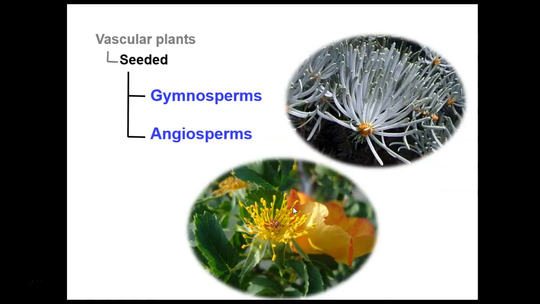In contrast, seeded vascular plants have some form of a seed, which is essentially the food, shelter, and water for the offspring, and that whole protected compartment is designed in two ways. We have gymnosperms that create cones and angiosperms that create flowers.